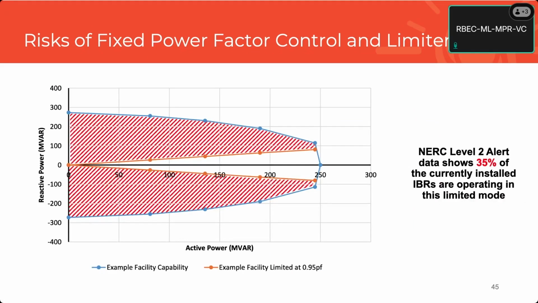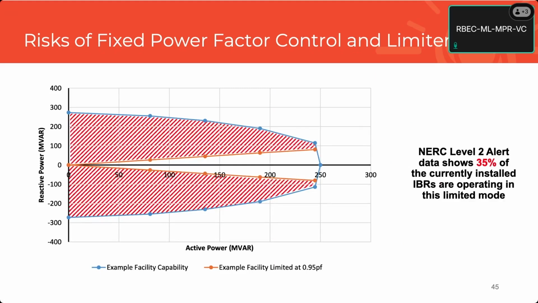So the little orange triangle is a facility that's limited at 9.5 power factor, and the blue is a typical PV plant. And what you see with the red hashed is all the reactive power you're leaving off the table when you're using a power factor limited mode. The other piece of this is that's if you're using power factor limited mode, which is slightly better than Iberia, right?